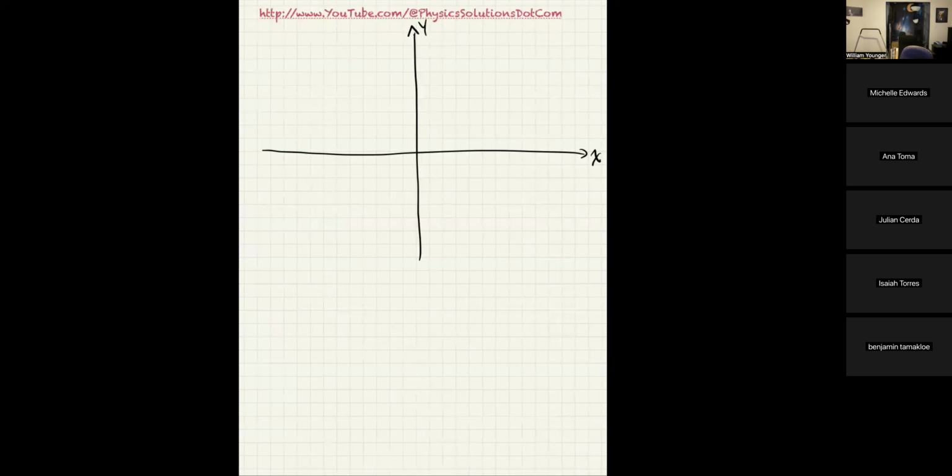What you'll see is there's an r vector right here that goes out to a distance r, and this is at t equals 0. Then there's another one at t equals T over 8. And then there's another one at t equals T over 4, and so on and so forth.